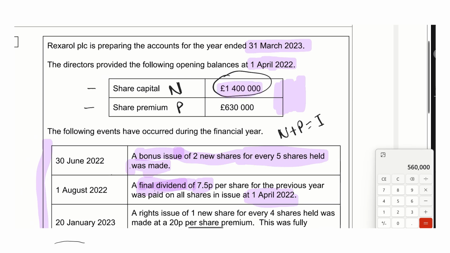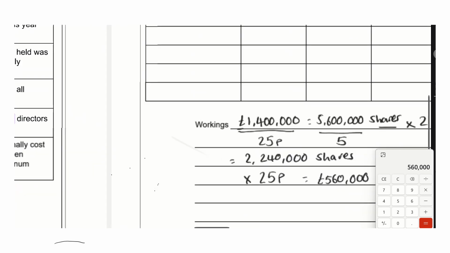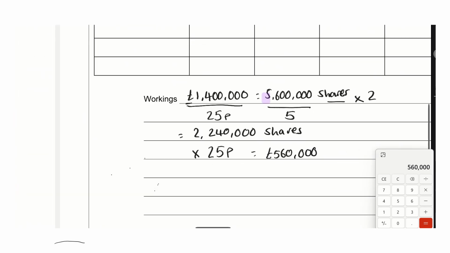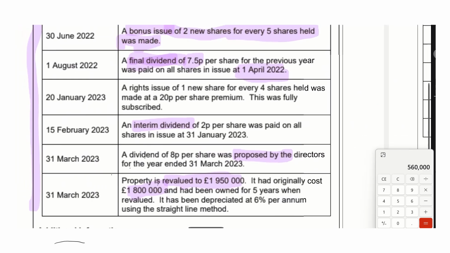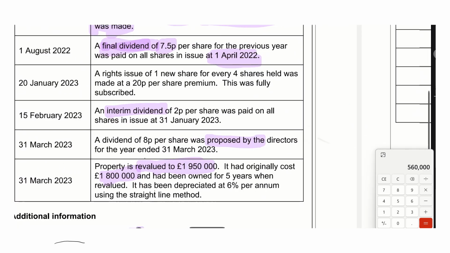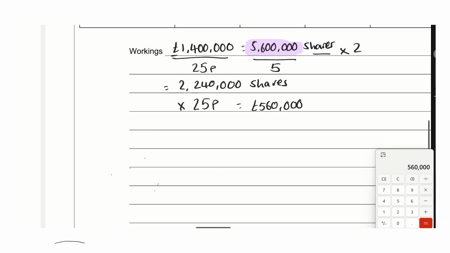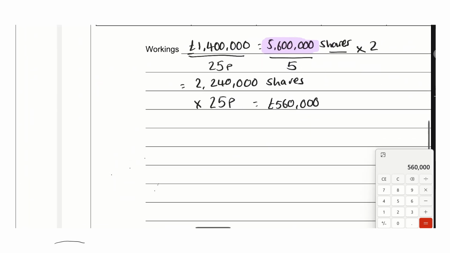We already calculated what that translates to in terms of quantity of shares, which was 5.6 million. So all we're going to do is multiply that 5.6 million by 7.5 pence to work out how much dividend we're going to pay on that first one.